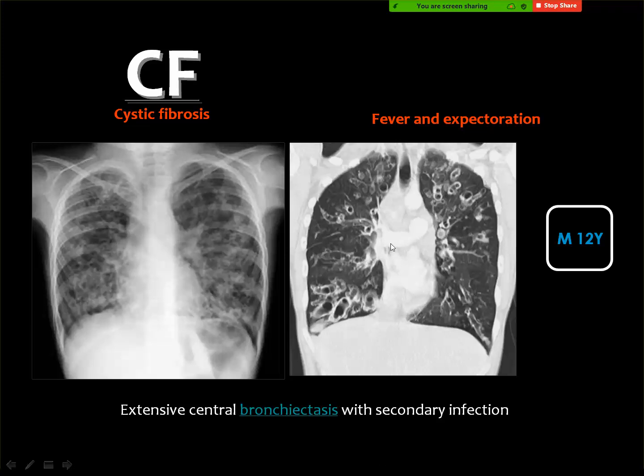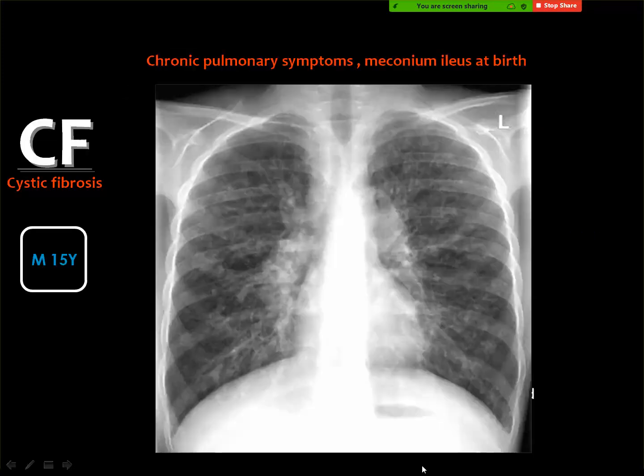Another appearance by the plain film and the CT scan, you see similar findings. Sometimes in the chest X-ray you are not able to reach the diagnosis. All you can say is that you are dealing with what looks like a diffuse lung disease, in the form of interstitial pulmonary opacities.